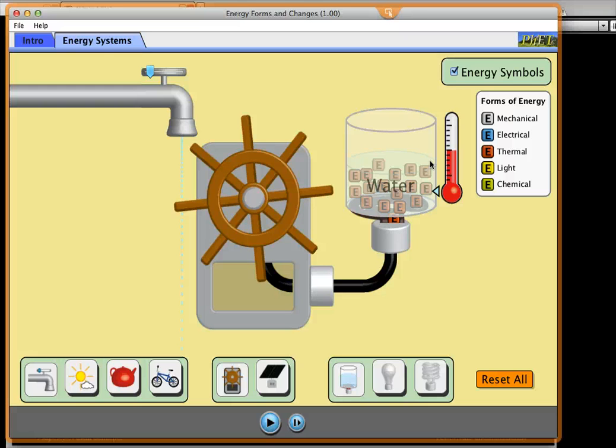Yes? Alright, so let's now do some calculations. The number of packets of energy that got released by the falling water was a total of 16. That was our starting number of packets. The number of packets not captured was 8.